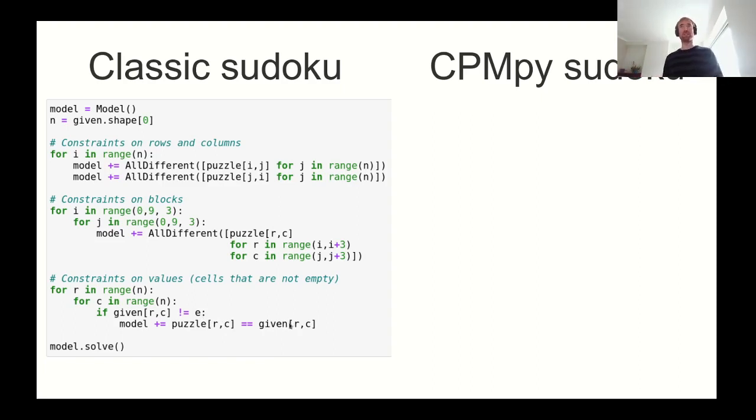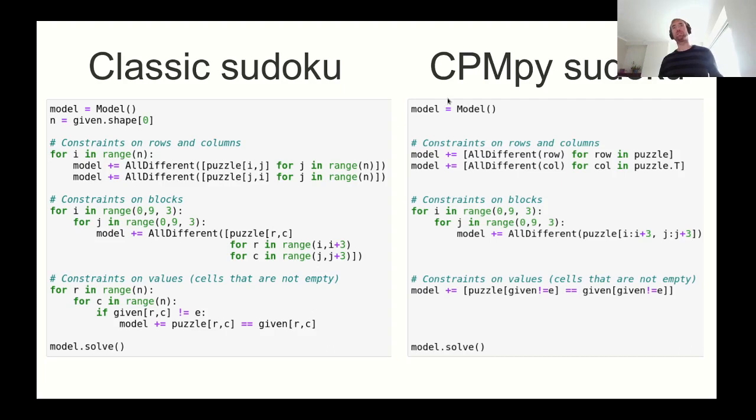All right. Now in CPMpy, with its Numpy arrays and advanced indexing, this is how you can also write it. The key idea is that you don't have to write many of these iterators by hand. To have the constraints on the rows, we can make use of the fact that we can iterate over all elements of the first dimension just like this.